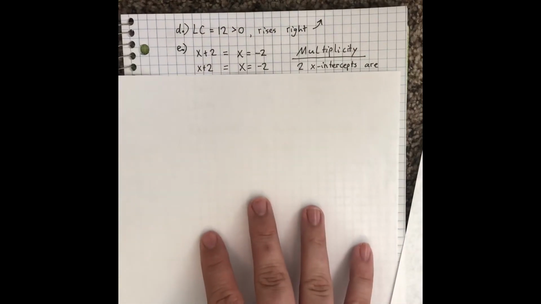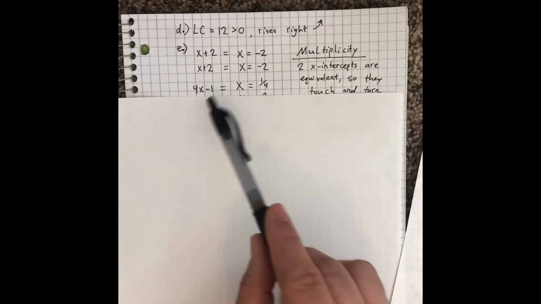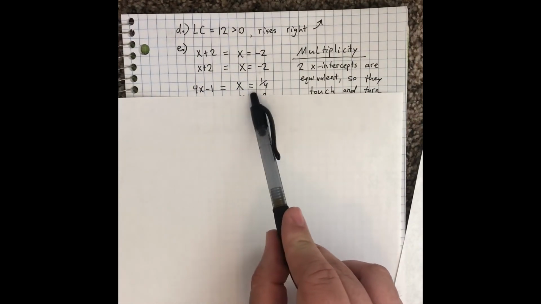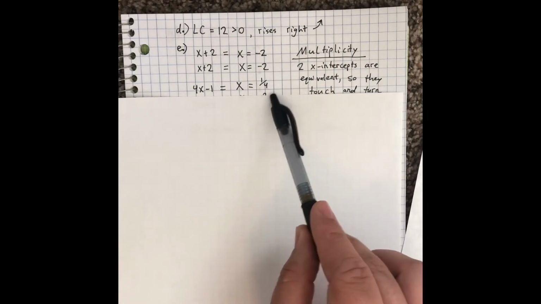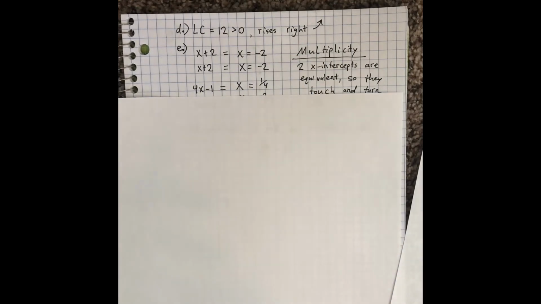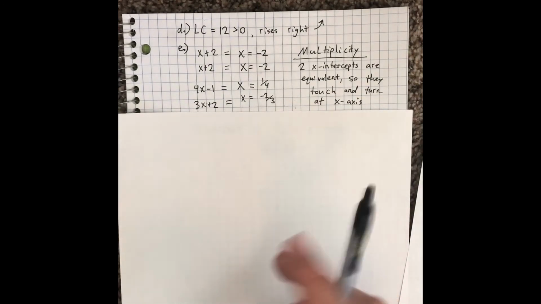So we're going to go on down the line. One of the other factors we had was 4x minus 1. When you set that to 0 and solve for x, you get x equals 1/4. So 1/4, 0, is going to be one of the coordinates of our x-intercepts, as well as -2/3.